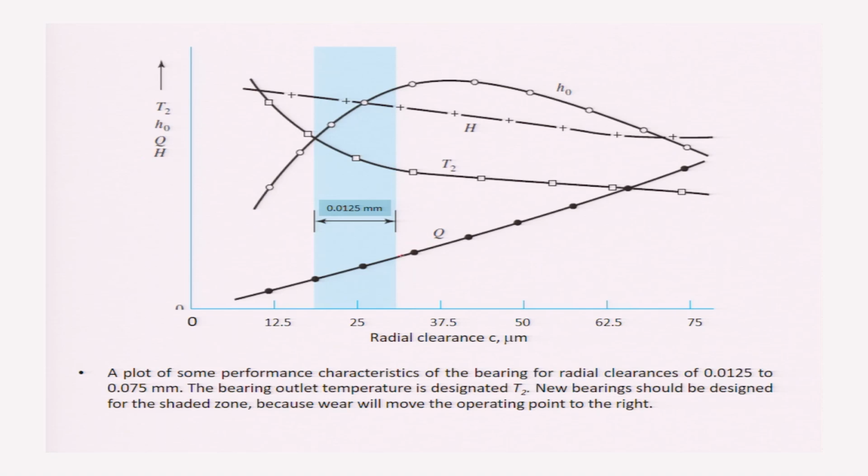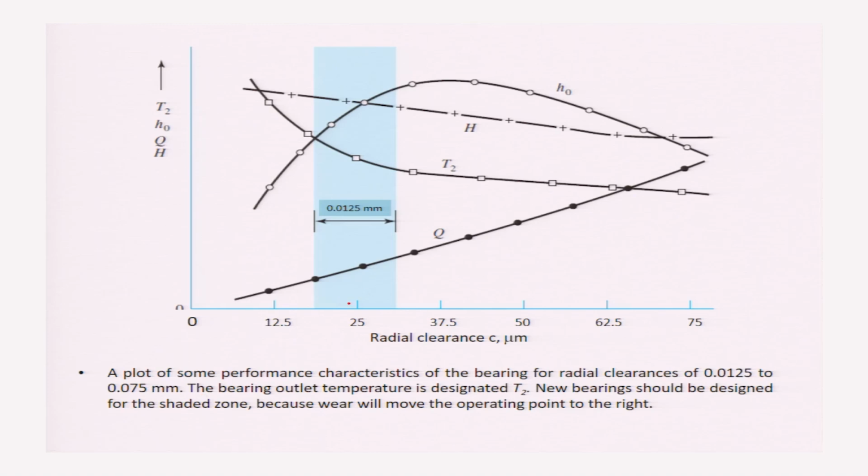The Q will be the flow rate, H is the heat generation. So, a plot of some performance characteristics of the bearing for radial clearance of 0.0125 to 0.075 mm is shown here.